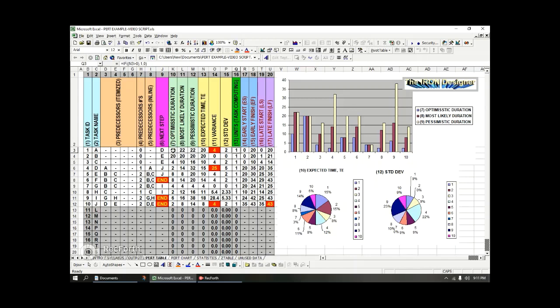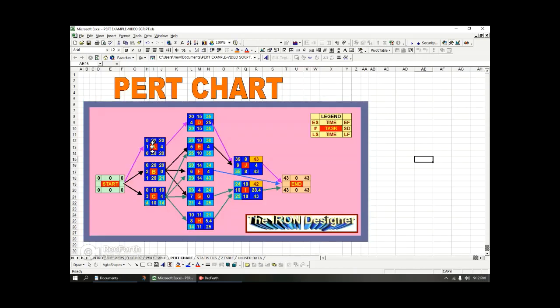So let's take a look at that. I'm sorry, when you go here into the expected times, so 20, 20, 10, right here, 20, 20, 10, okay? So let's look at the chart. So you have 20, 20, and 10, okay?